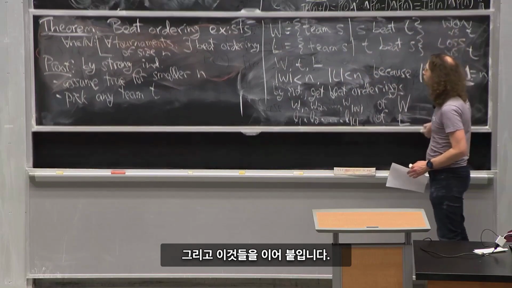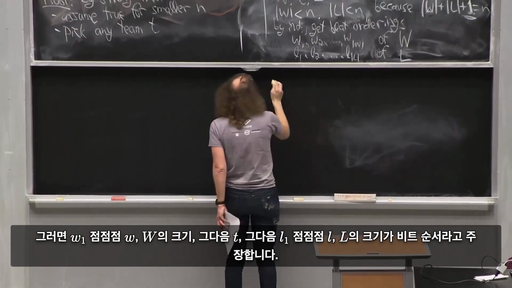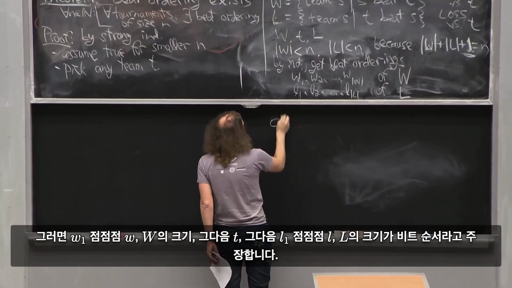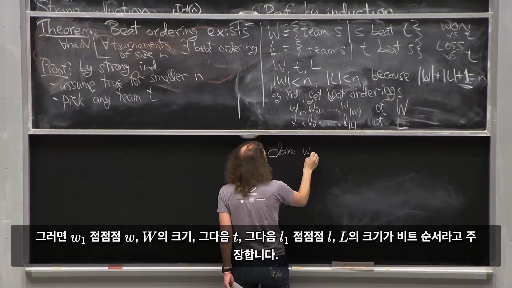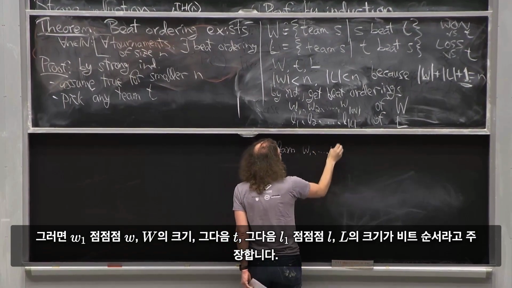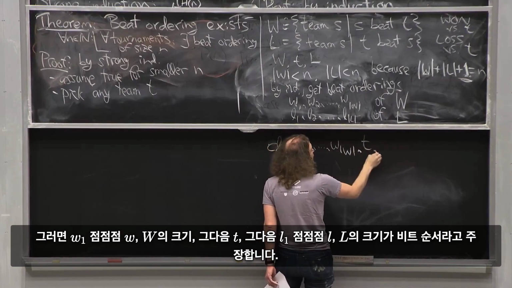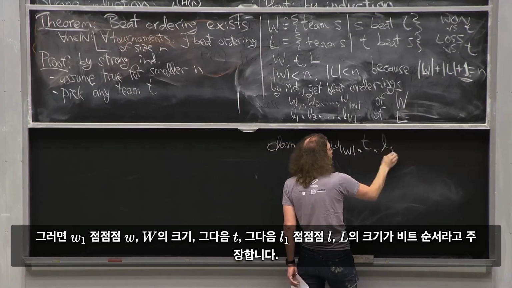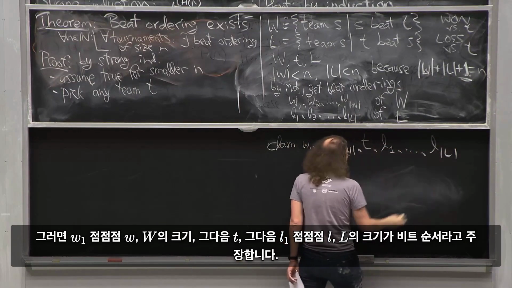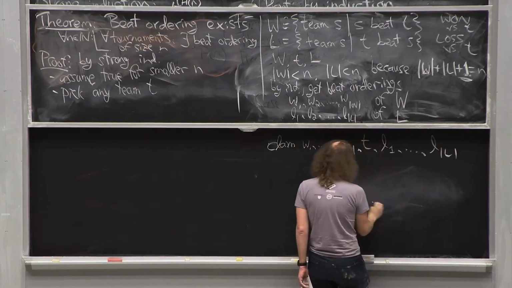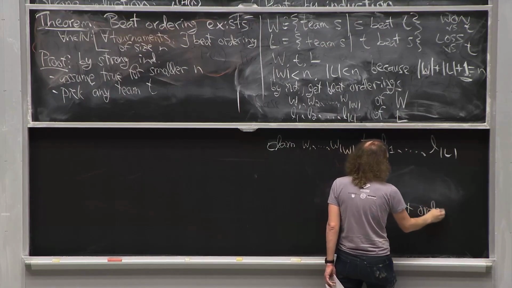And then we concatenate. So we claim W1, W size of W, then T, then L1, L size of L is a beat ordering of all n teams.